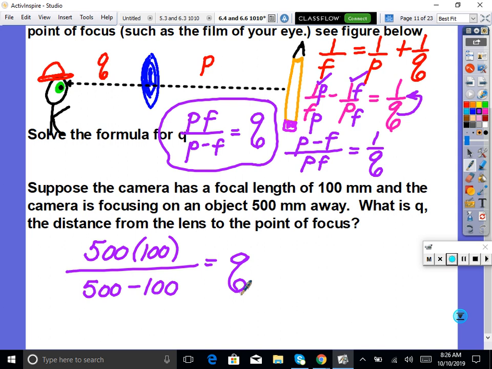If you all have a calculator out here, we're going to go much quicker because then I don't have to type it in because you've already typed it in for me. I get 125. 125 equals q. So they must be a distance of 125 feet. Okay, pretty easy, right? All right, let's do another one.